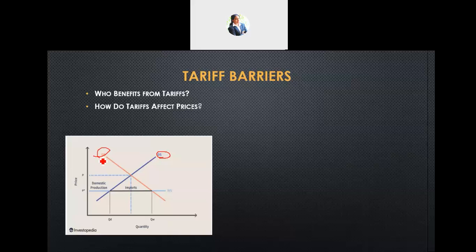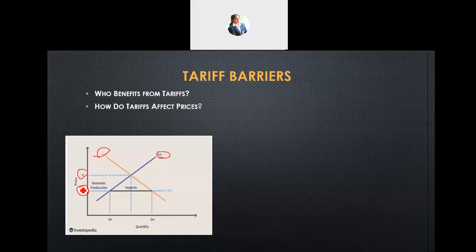The price of the goods at home is P. This variable P represents the price of the goods in the domestic country, while P star represents the price of the goods in the global market, or world price.